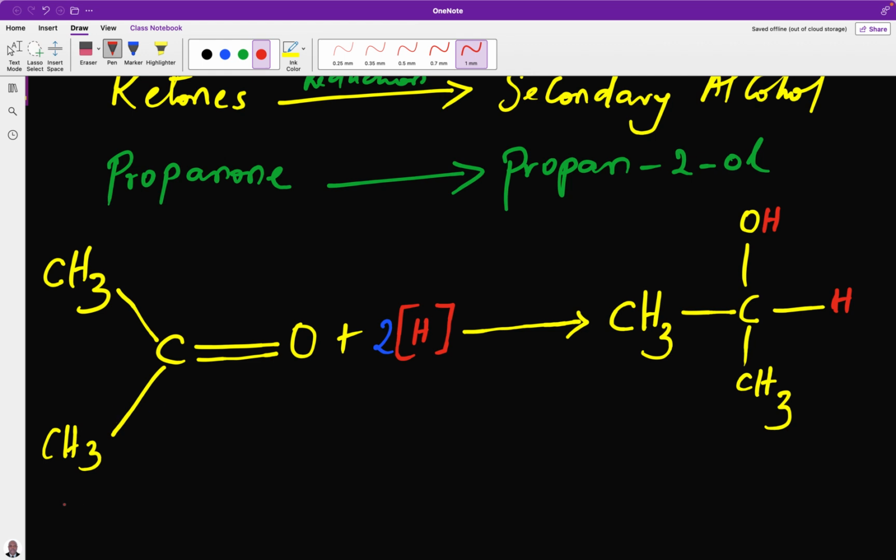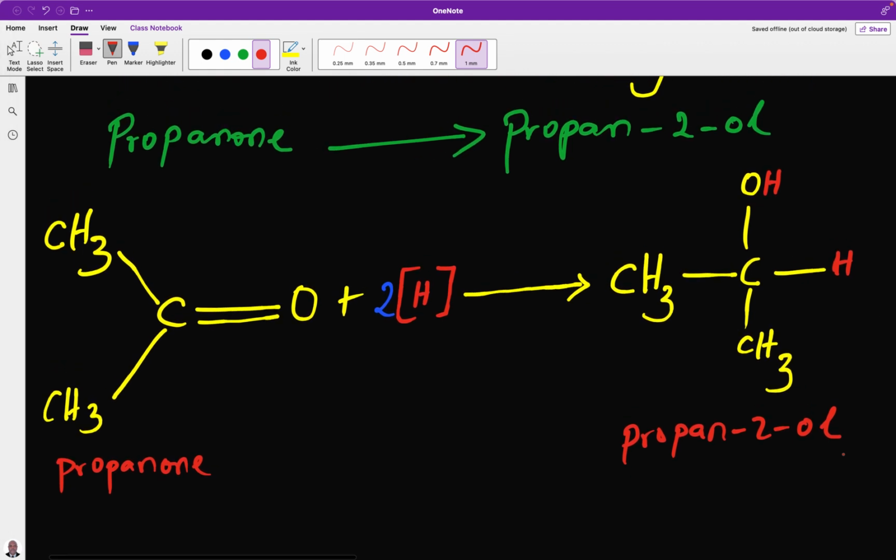This is propanone. This is propan-2-ol. So now you have this propan-2-ol, which equally could be written as a structural formula, it's okay. So that is just how you can produce it.